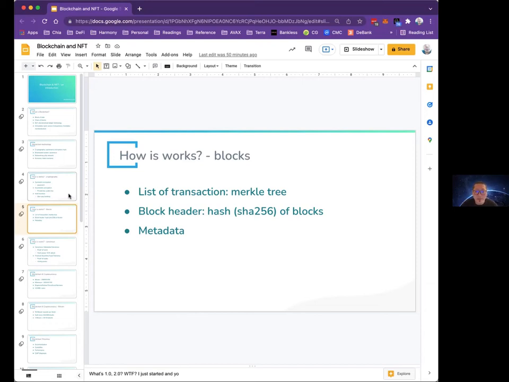Each block also has a block header. The block header contains the hash of the block, and it also contains other metadata such as the timestamp and the miner information. Those are the general structure of each block.